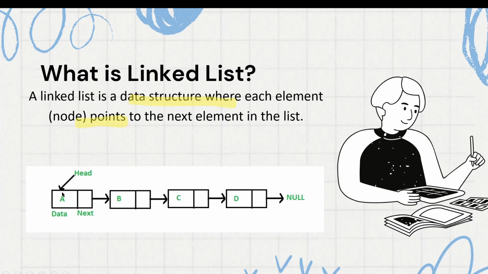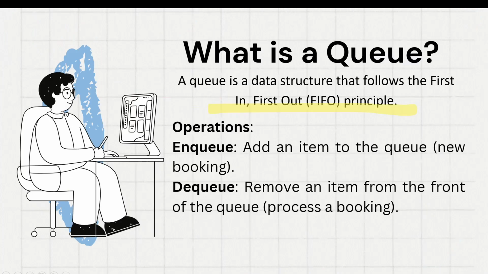This is the starting node, which has data A, and the next pointing to the next node B. This node has data B, and it's pointing to another node of data C. In the ending, the last node's next will be none, as it's not pointing to any of the nodes. So this is linked list.